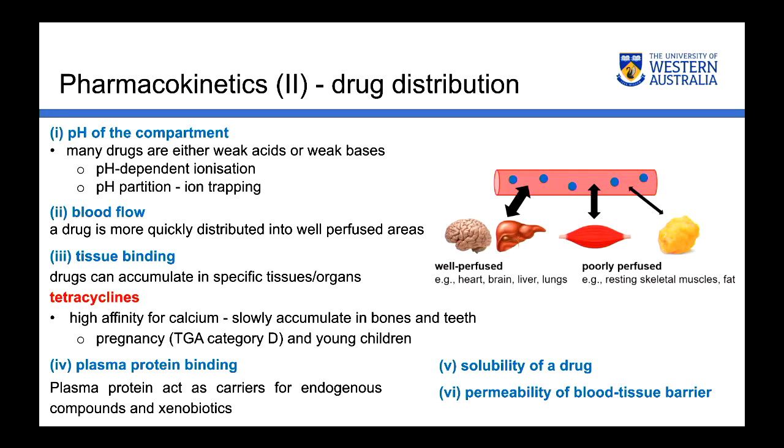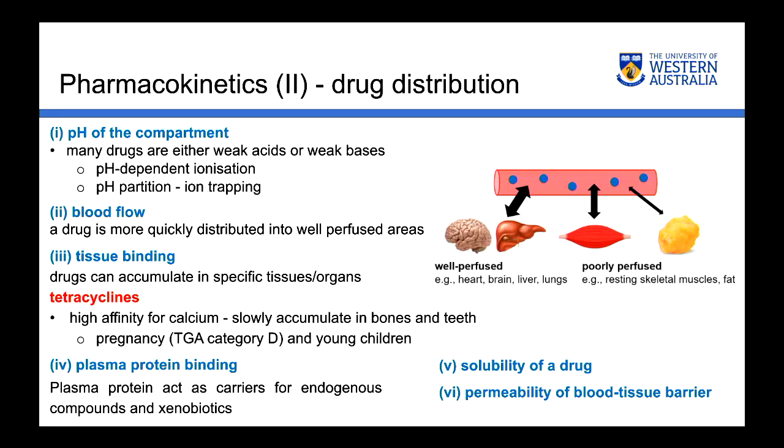So tetracyclines are actually classified as human teratogens, which means that they can cause irreversible birth defects, in particular in terms of bone growth. And so that's an example of how drugs may accumulate in tissues or organs because of their binding probability.